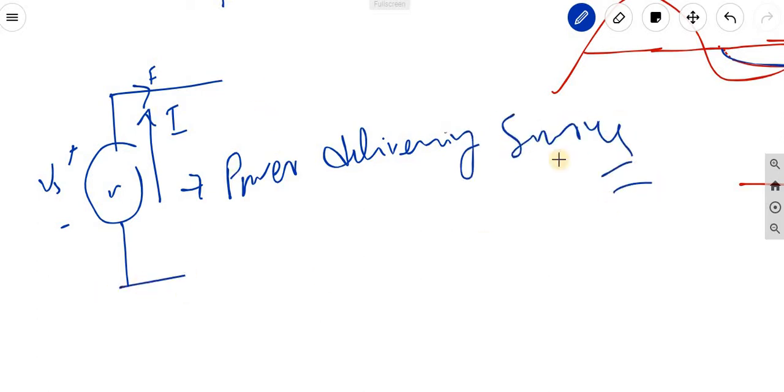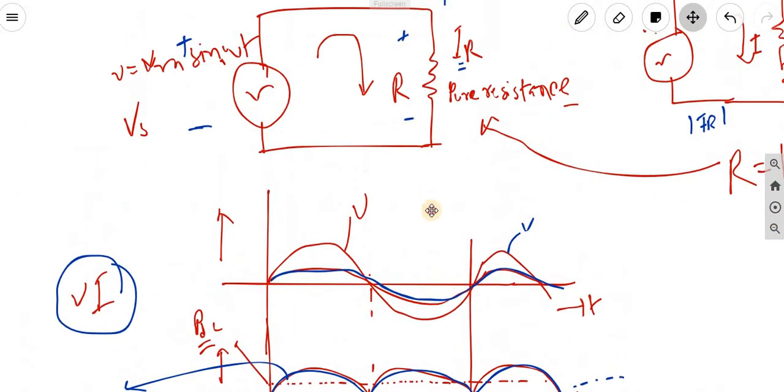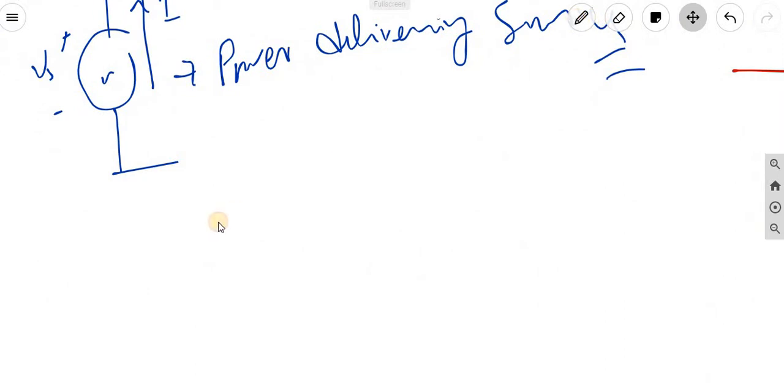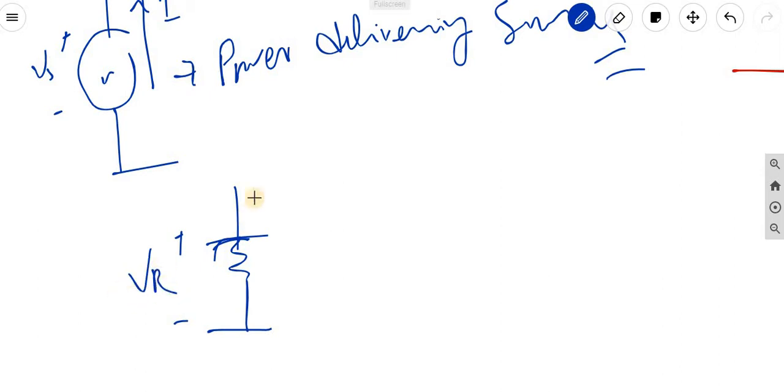But in this circuit itself, if we see the resistance, what is the voltage across the resistance? VR, and the current is coming into the element, so that means plus minus.